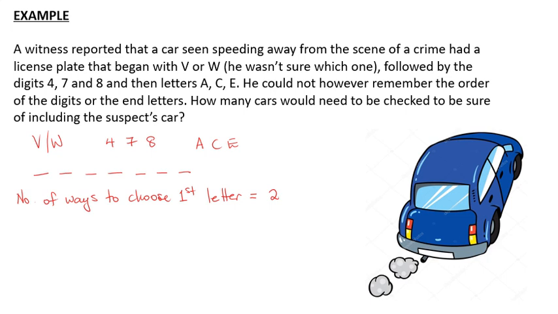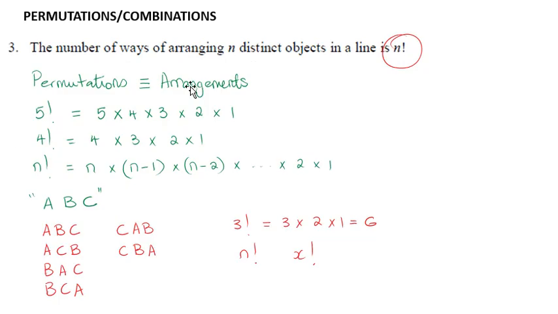And then for the next 3 slots, we have to arrange the 4, 7, 8. It's a number of ways to arrange 4, 7, 8. And we would be using rule number 3 for this one. It would be 3 factorial, right? The number of ways of arranging n distinct objects. And I didn't stress on it, but distinct is important. It has to be different objects.